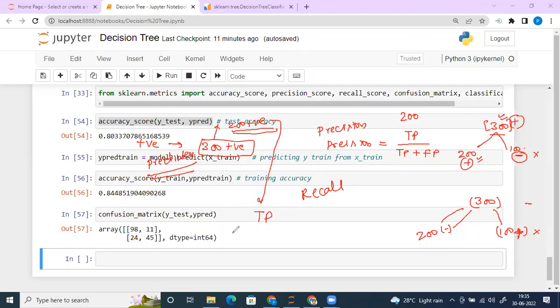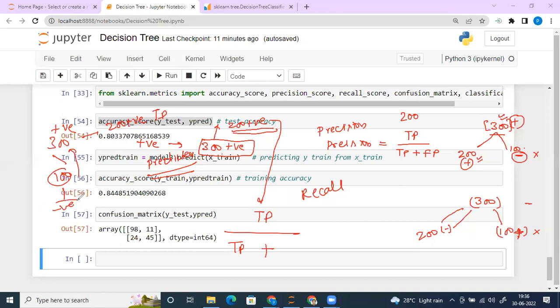So you mention true positive upon true positive plus. And the rest 100, out of the total 300 predicted as the positive class, 200 actually belong to the positive class, so this becomes true positive. The rest 100 actually belong to the negative class, but my model has predicted that they belong to the positive class.